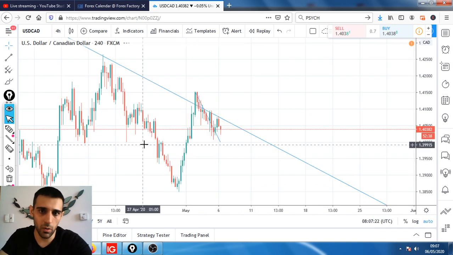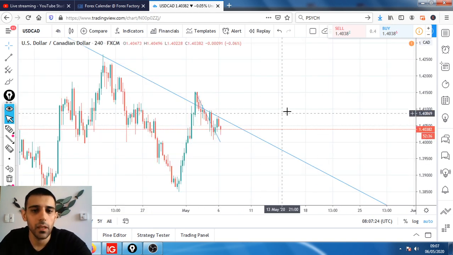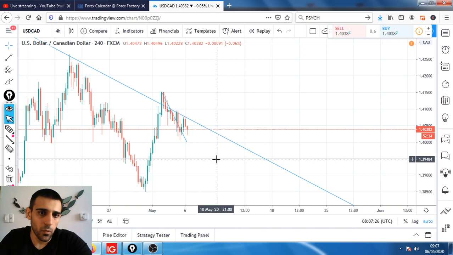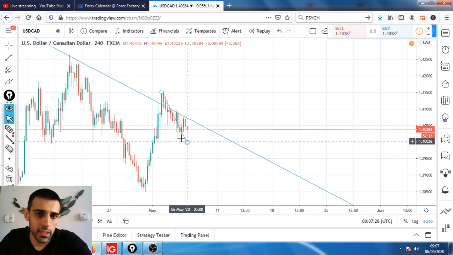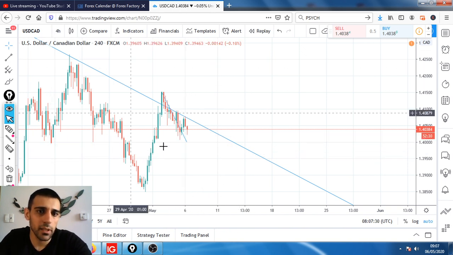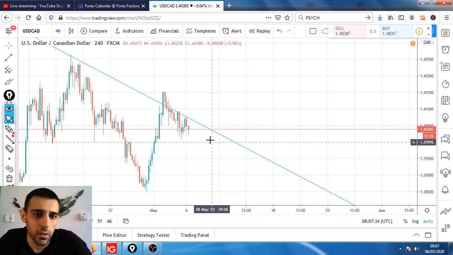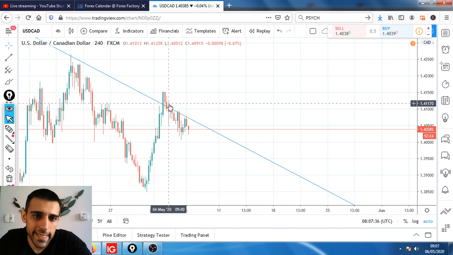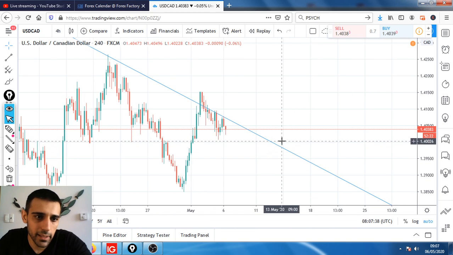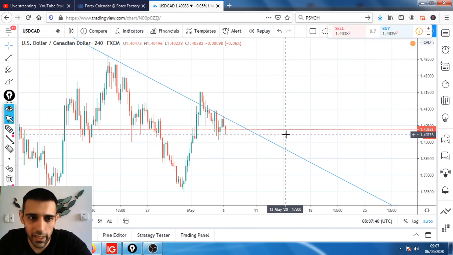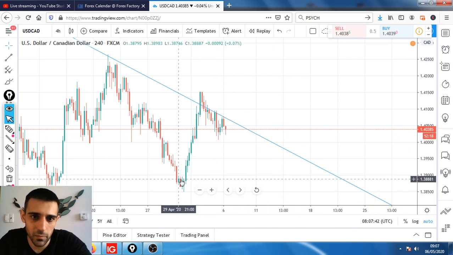Let's go to the 4-hourly time frame. On the 4-hourly time frame, let's get rid of this trend line. The price did come down, but it looks like a retracement of the bigger move.